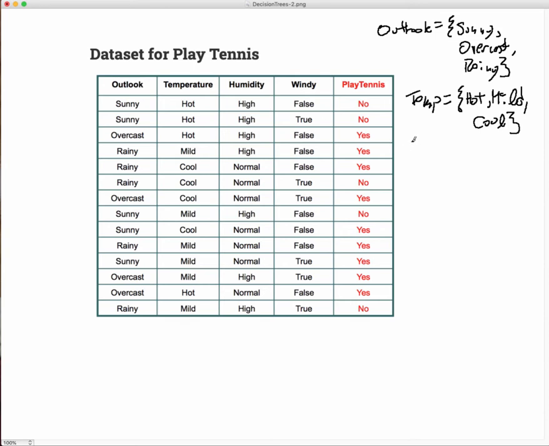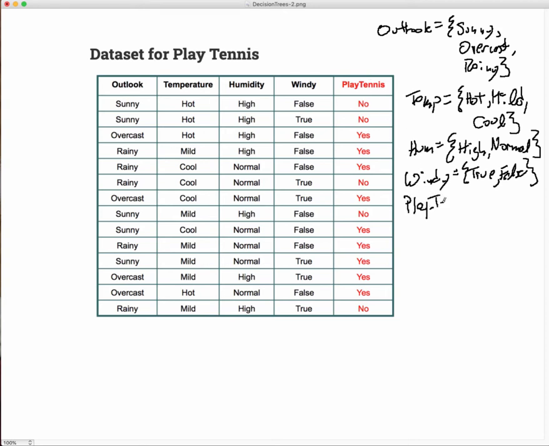We look at humidity, and humidity can be either high or normal. We look at windy, and windy is either true or false. And then we look at the variable we're trying to predict, play tennis, and that's either yes or no.